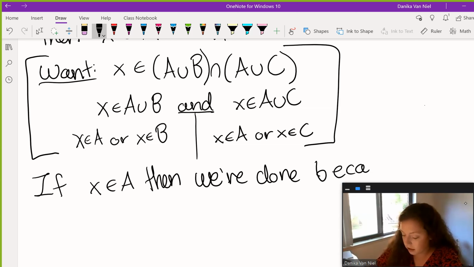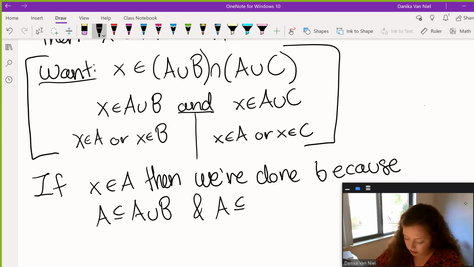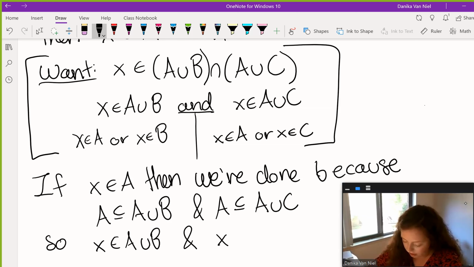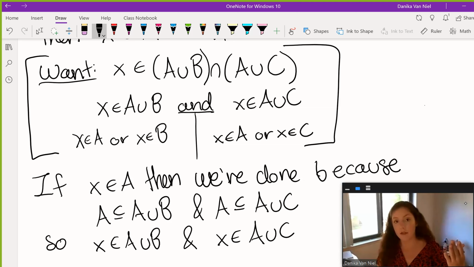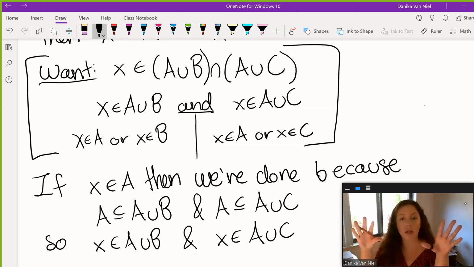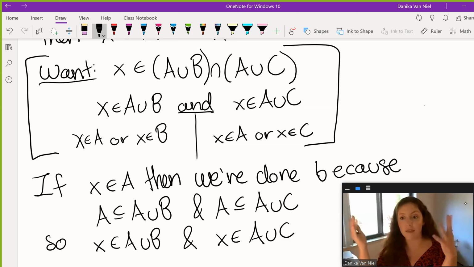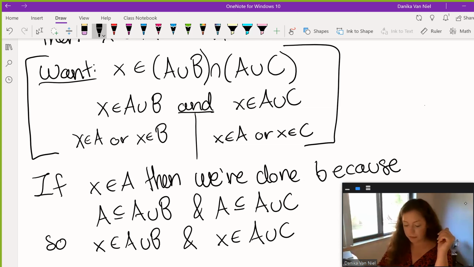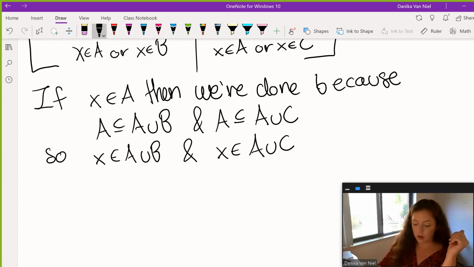We're done because A is a subset of A union B, and A is a subset of A union C, so X is an element in A union B, and X is an element of A union C, because X was an element of A. All I'm doing is using the definition of union. That's pretty much our only tool right now, definitions. Great, so that's one option.